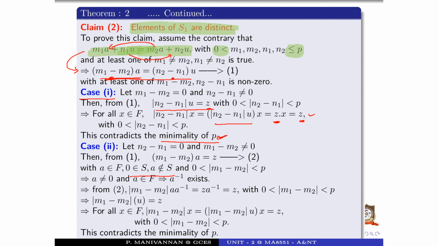A is a non-zero element in the field, so the inverse of A exists, since every non-zero element has a multiplicative inverse in a field by the definition of a field.